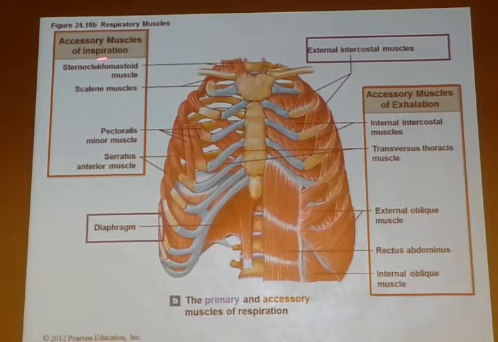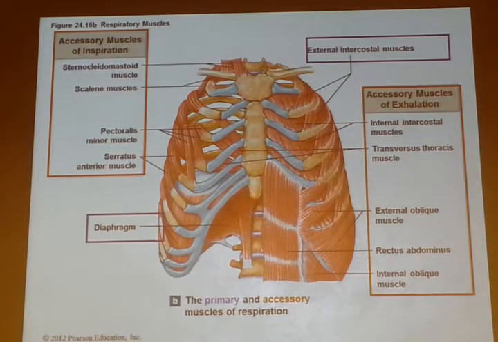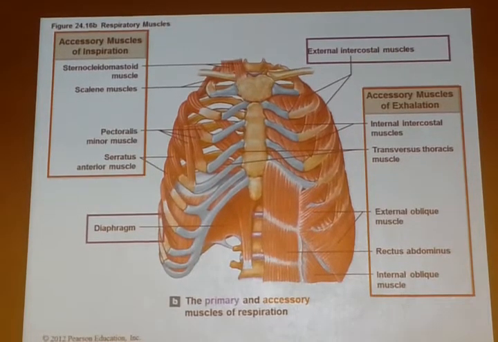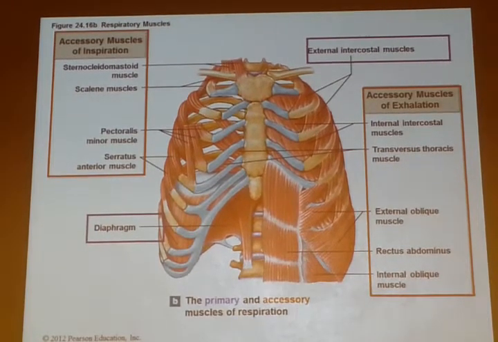Accessory muscles are involved when you need to get more air in or more air out. So accessory muscles for inspiration are anything that is attached to the ribs, your clavicle, your manubrium and sternum that can expand the size of the thoracic cage.